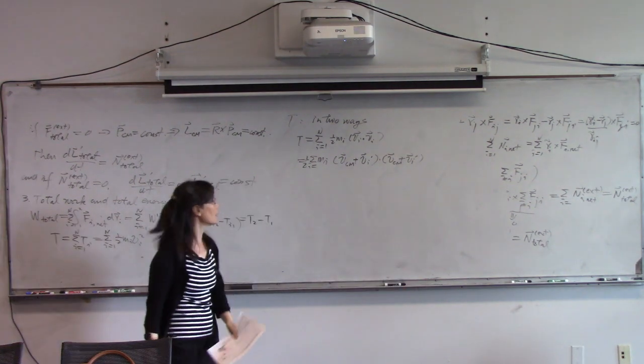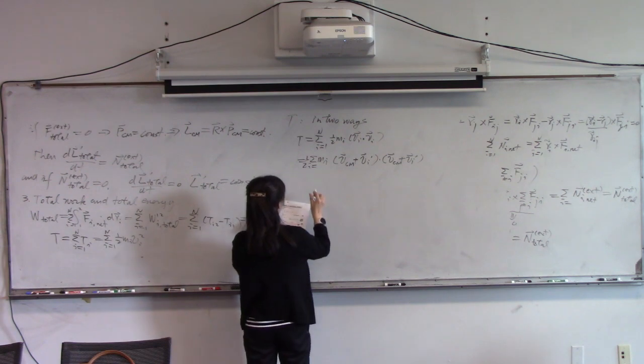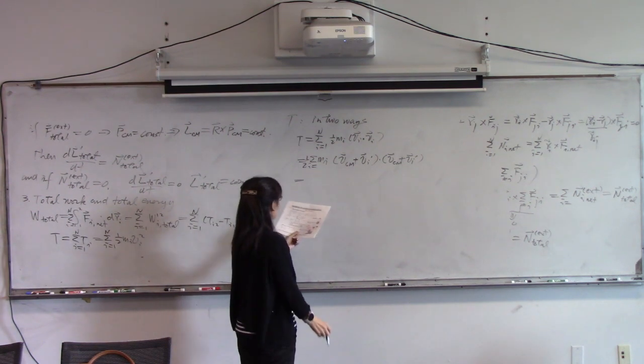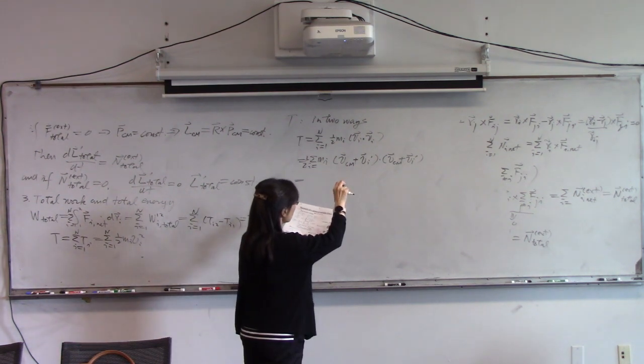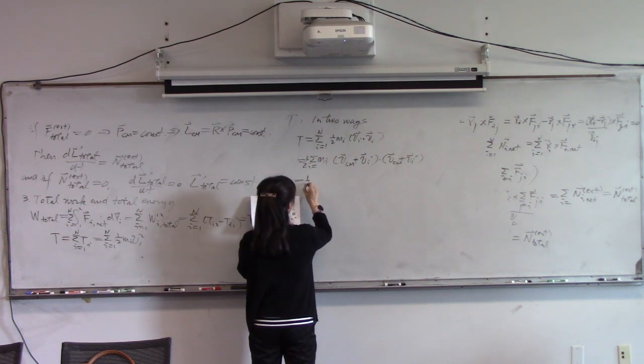I just rewrite it, and you can see we have 4 terms. Two of these terms are zero because of the cross product.